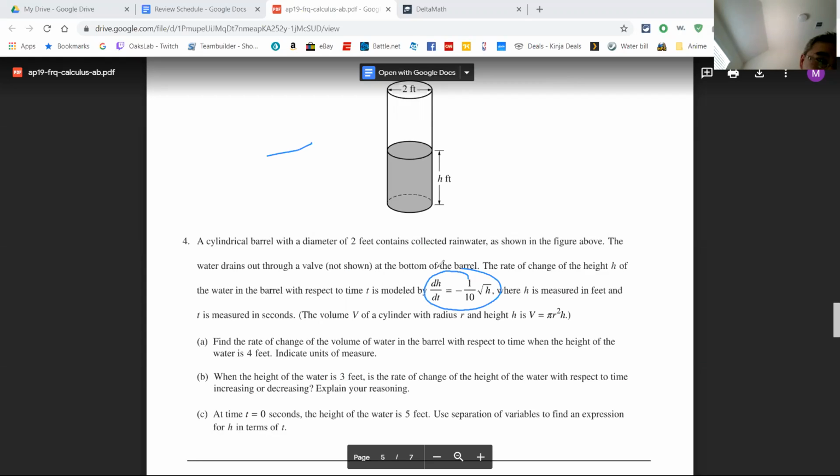So my goal is, what would the second derivative look like? Well, -1/10 is a coefficient, so I'm leaving that alone. You have to remember this is the same thing as h to the power of 1/2. So what's the derivative going to look like?